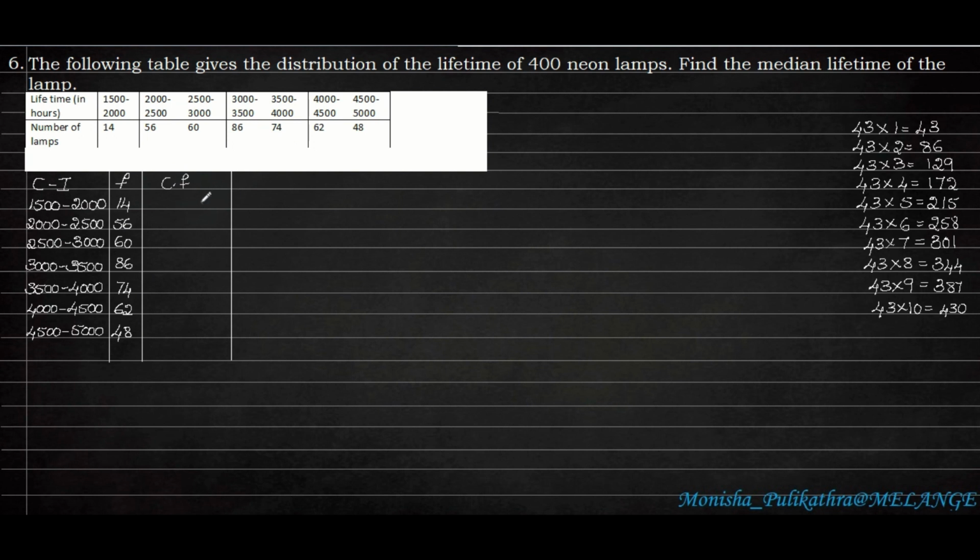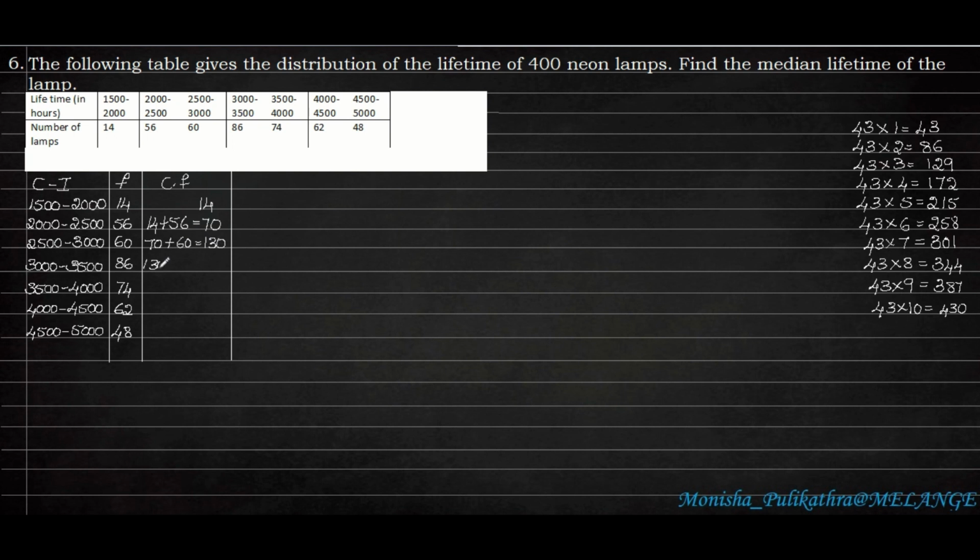The first number we have to write as it is. The first number in the frequency table, that is 14, we have to write as it is. And the next, all the consecutive numbers we have to add one by one. So first is 14 plus 56 is equal to 70. Next is 70 plus 60 is equal to 130.